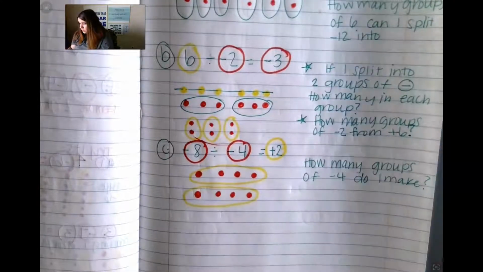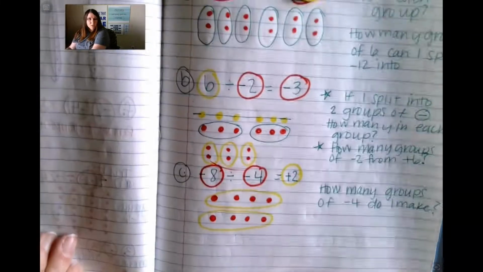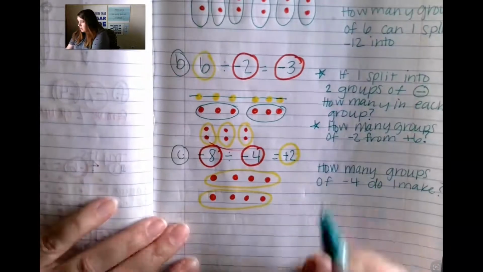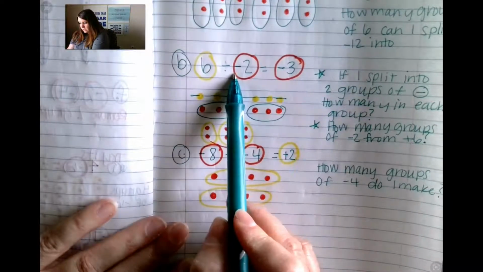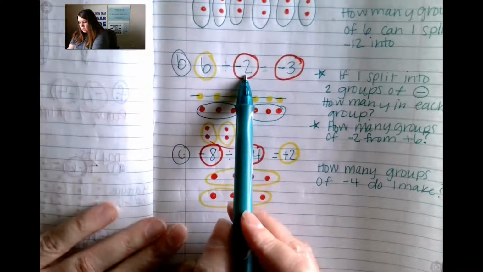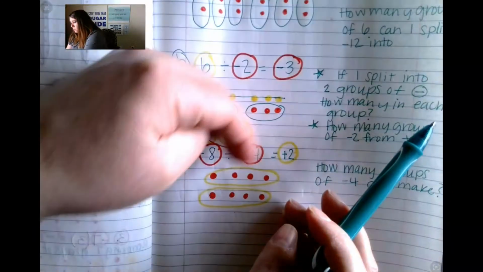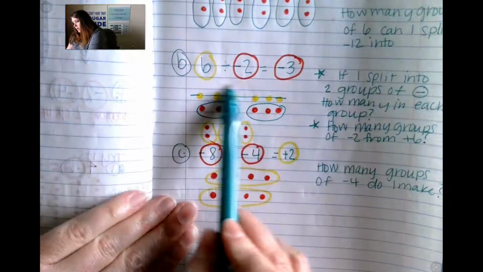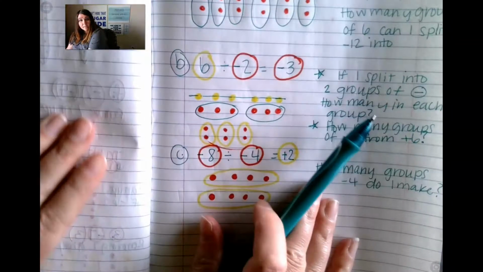Okay, let's go ahead and do a try it. So it follows the exact same rules with multiplication. So a negative and a negative makes a positive. If I were to reverse this, right, I need to remove 2 groups of -3. If I remove 2 groups of -3, I'm left with +6.